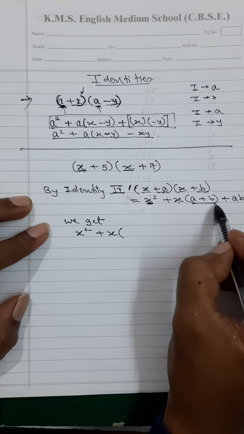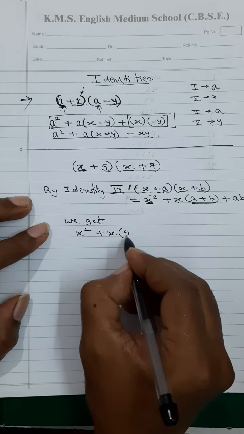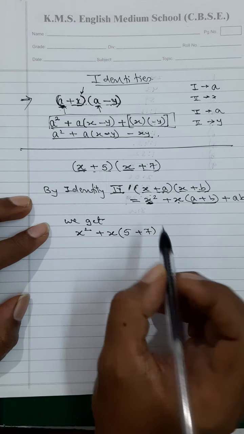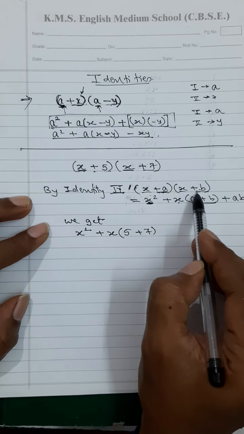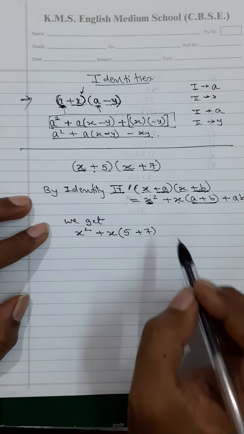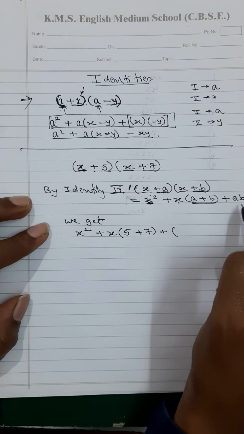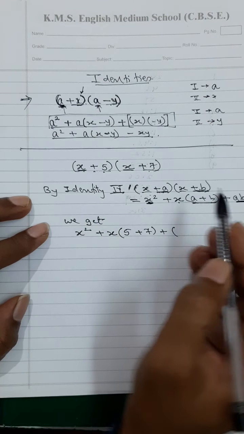Now a plus b, this you have to write with your signs, but this is plus 5 plus 7, so you will write 5 plus 7. For the second terms, add the second terms in the bracket, plus multiply both the second terms, a into b. So multiply both the second terms, 5 into 7.